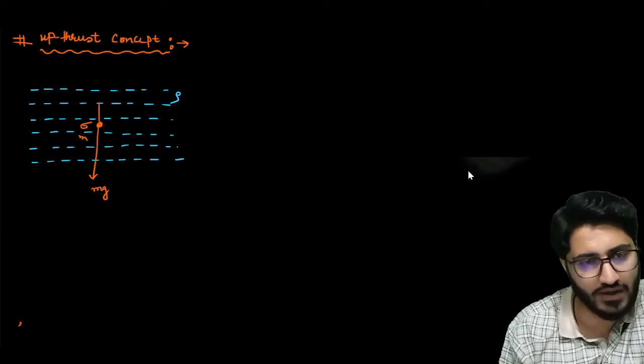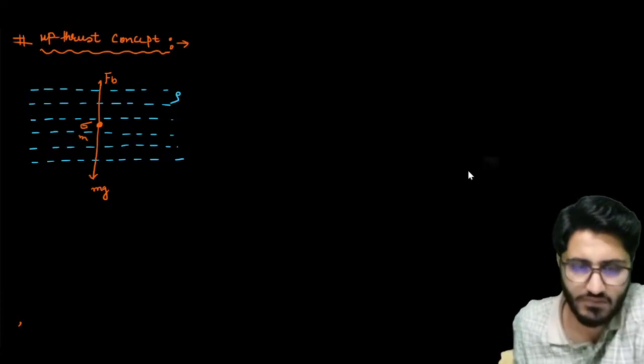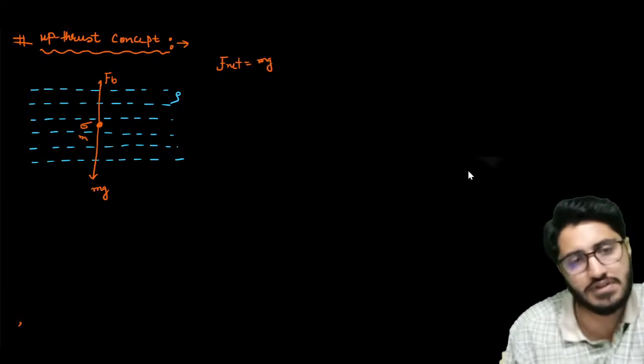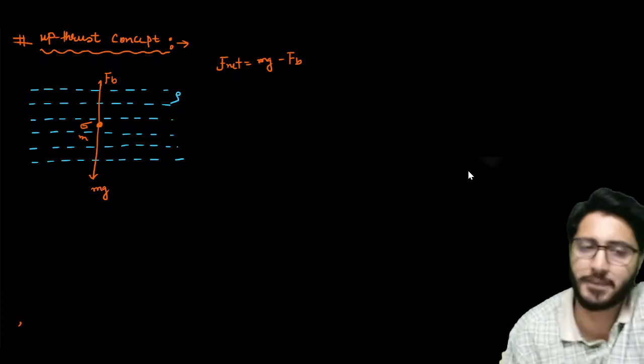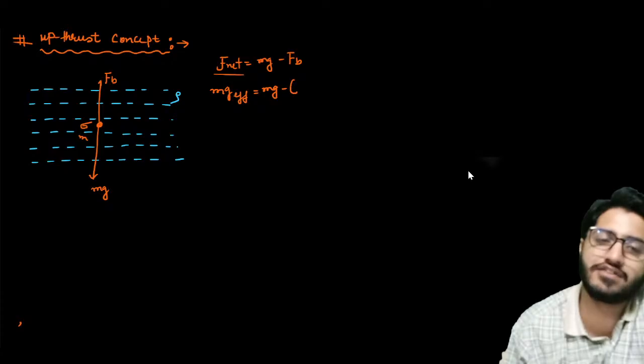Here we have a buoyancy Fb. So what is the net force? Net force is mg minus Fb. What is Fb? Fb is the density of the liquid into volume into g.